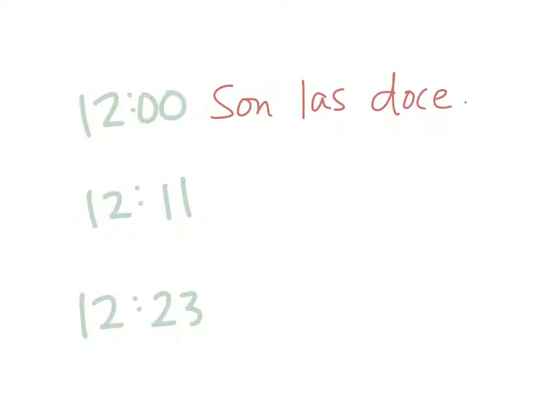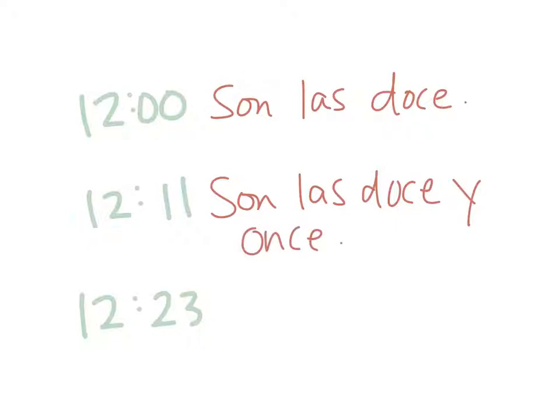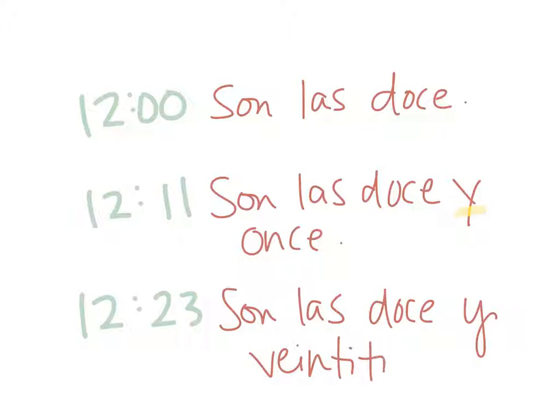Okay? For 12:11, you would say son las 12 y 11. So you put that little y in between to indicate that it's the number after the 12. If it was 12:23, you could say son las 12 y 23, because that's how you say 23. Son las 12 y 23.